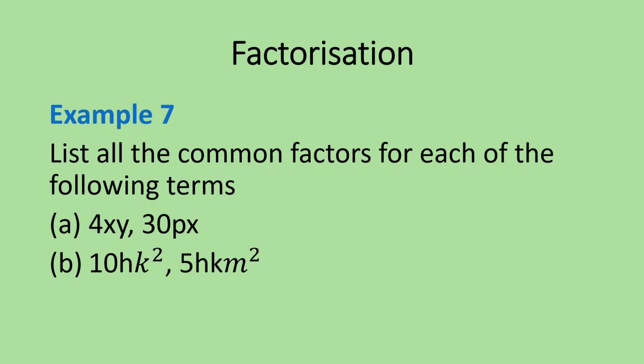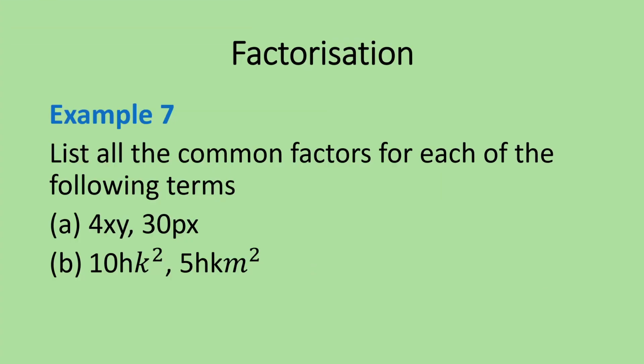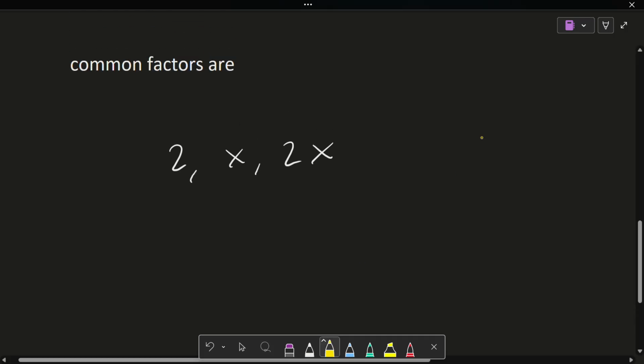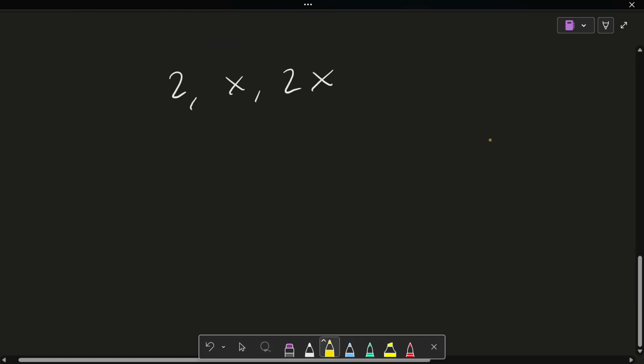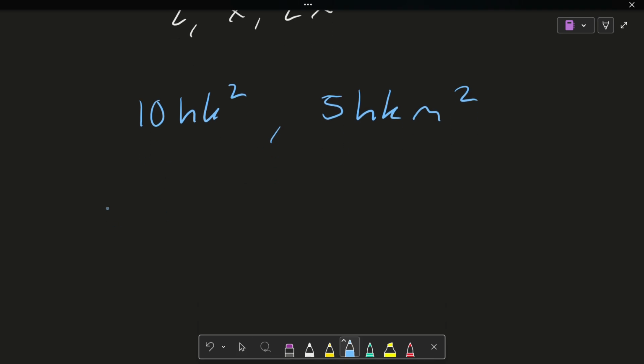Next, 10hk square and 5hkm square. Let's start with 10hk square.